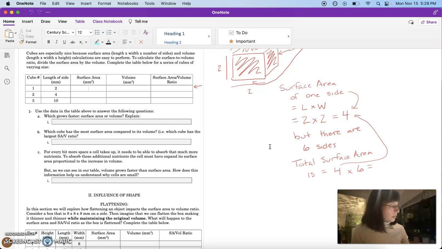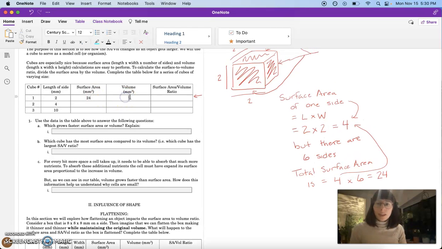And 4 times 6 is 24. I had to think about that, so if you had to get a calculator out, no judgment. So the total surface area of cube number 1 in this example is 24 square millimeters.